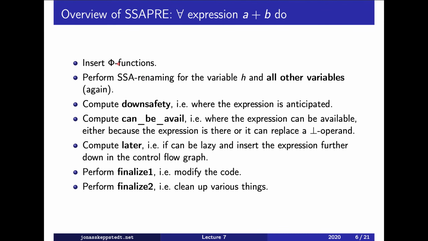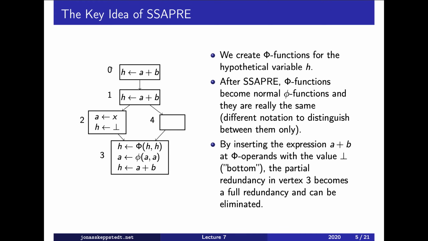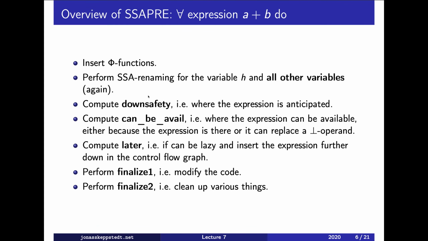Okay, so the first thing we do is to insert such phi functions. And where should we insert them? Well, it is in the dominance frontiers of the expressions, since that is where we assign a value to h. Then what we do is to redo SSA renaming for this variable and for all other variables again.